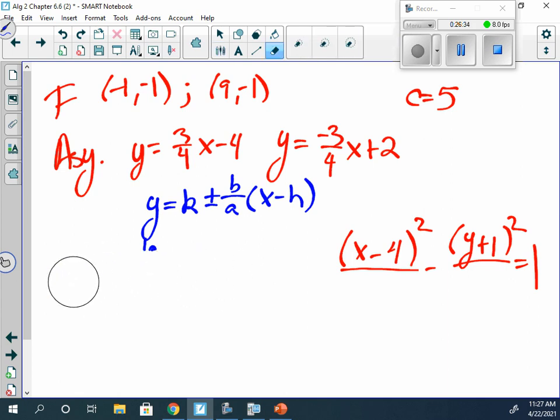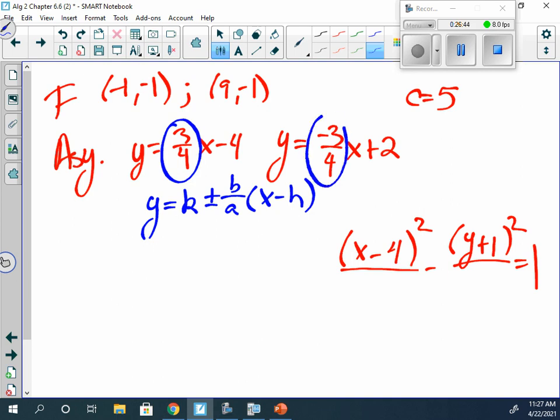Actually, we don't even need to split it, because when I multiply by b over a, it's going to go straight to x. x does not have a number with it, so the b over a would stay the same.